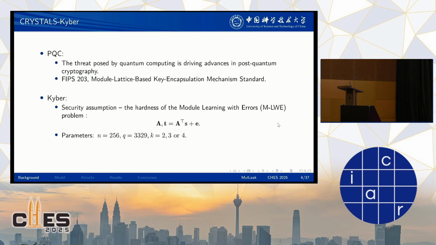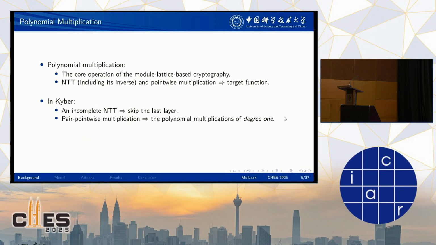Quantum computation threatens today's public key cryptography, accelerating the development of post-quantum cryptography. Last year, NIST dropped a new standard, FIPS 203, a module lattice-based KEM standard. This standard is built on CRYSTALS-Kyber, whose security assumption is the hardness of the module LWE problem. In module lattice-based cryptography, polynomial multiplication is a core operation.